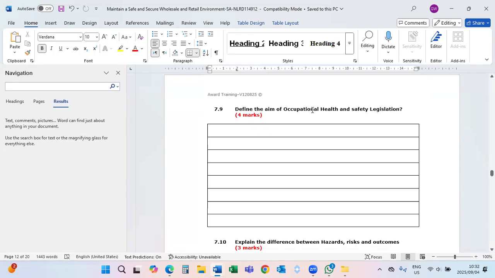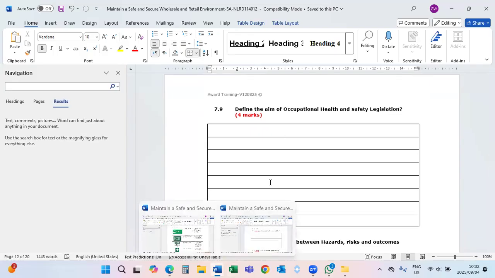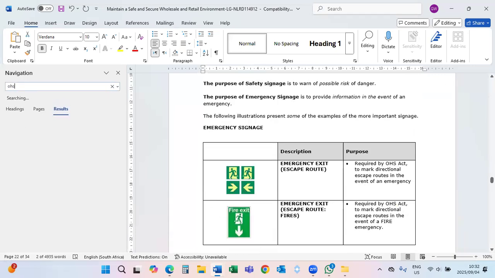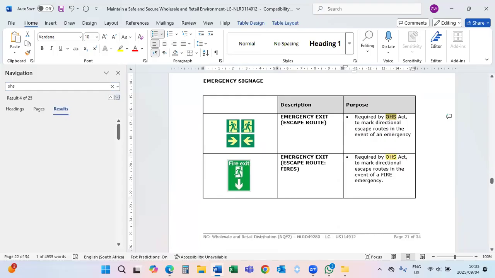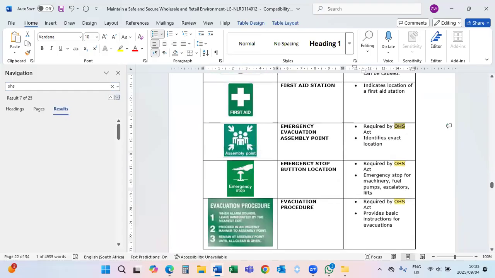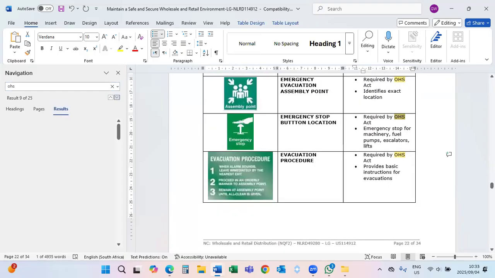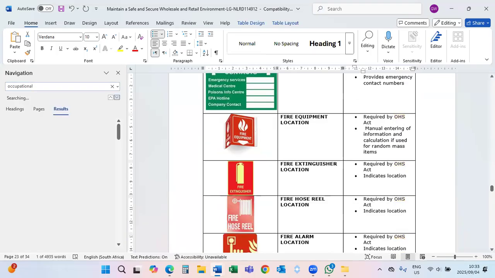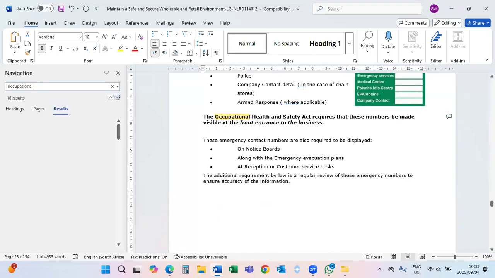Define the aim of the occupational health and safety legislation. Let's go and see if we can find information there. Let's see if we can find it. Maybe I'll search for the word occupational. There we go.